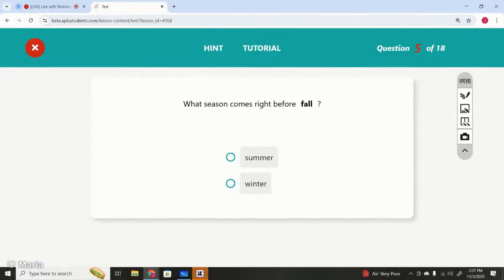What season comes right before fall? Right before fall it is summer. Option number one is the correct option.